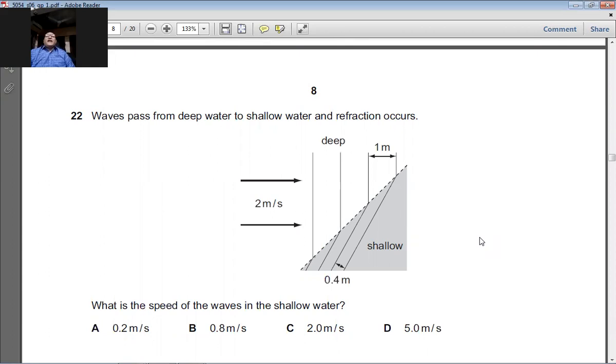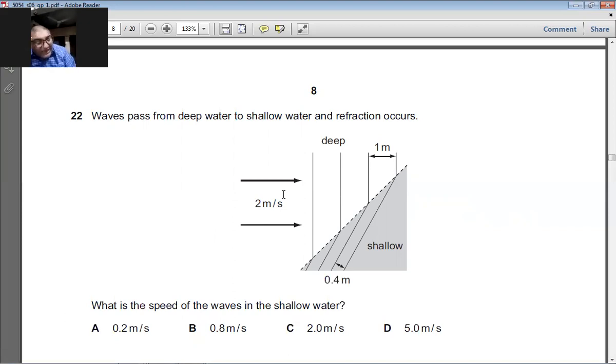Waves pass from deep water to shallow water and refraction occurs. So here the waves are entering from deep water into the shallow water, and you can see the speed of the wave in the deep water is 2 meters per second. The wavelength of the wave in the deep water is 1 meter. So here I know the speed, I know the wavelength, lambda.